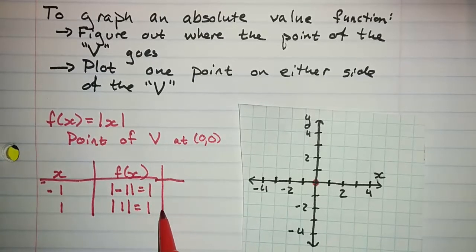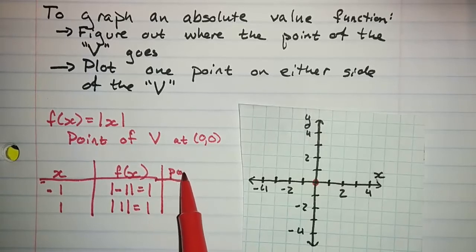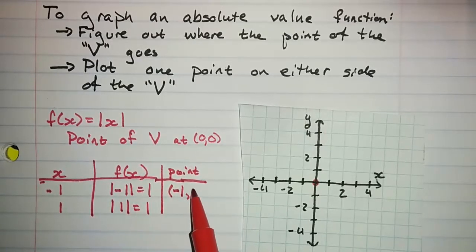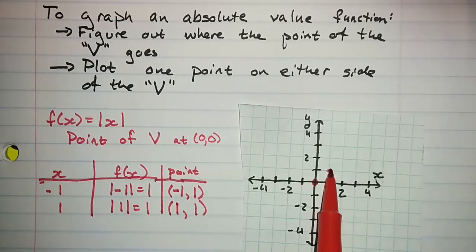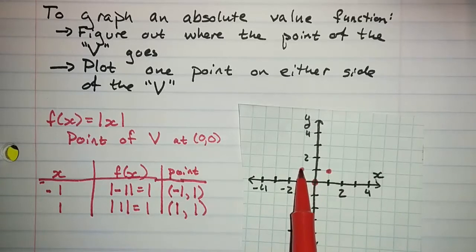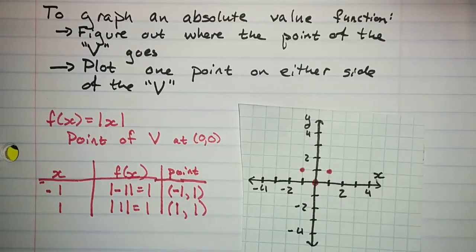So what points will be on my graph? I'll have x is -1, y is +1, and I'll have x is +1, y is +1. Okay, so I'll have this point, and I'll have this point. And now from here on, it's just straight lines.